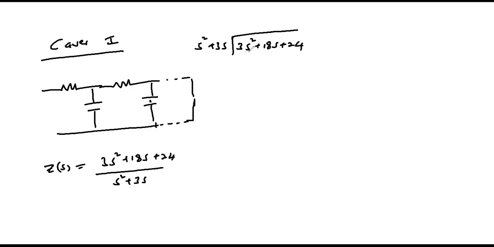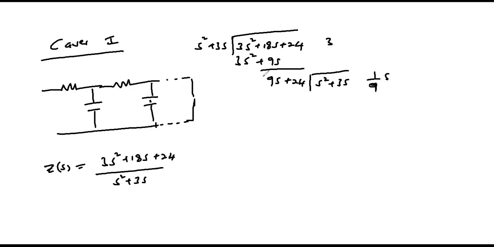To get 3S squared from S squared, I need 3. So multiply by 3 to get 3S squared plus 9S, and the difference will be 9S plus 24. Next, we divide this into S squared plus 3S. I need S squared from 9S, and therefore I multiply this with 1 over 9S.